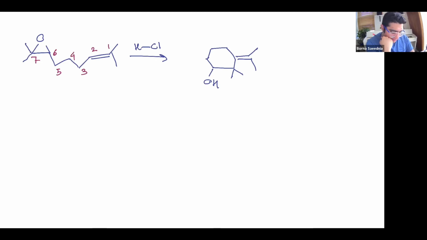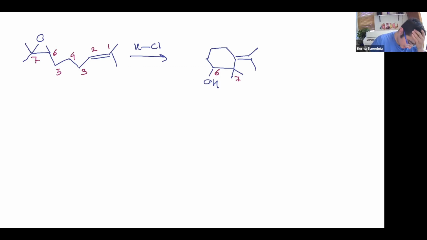But with that said, I'm likely to think that the oxygen is going to end up on one of the carbons of the epoxide. In other words, I tend to think that this is probably carbon 7, this is probably carbon 6. This does make sense, with something having attacked the 7th carbon of the epoxide, leaving the oxygen on carbon 6.